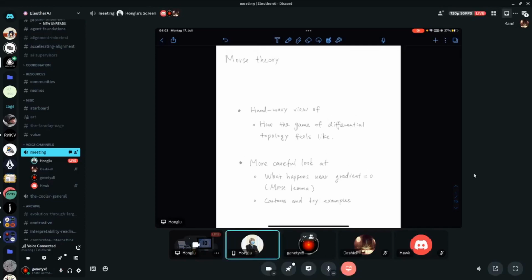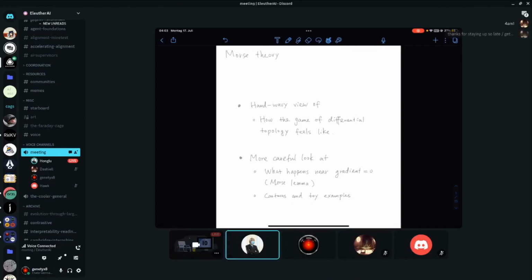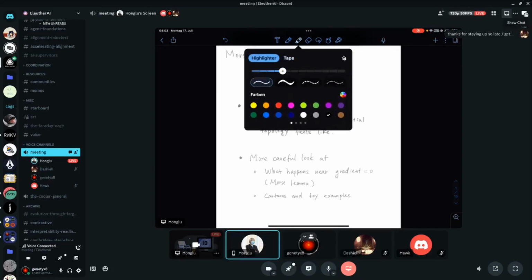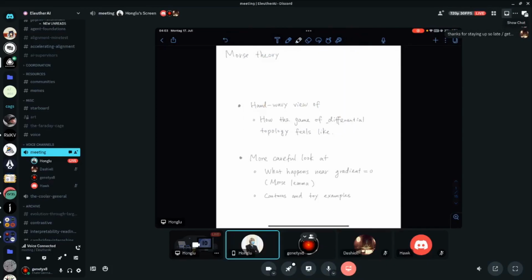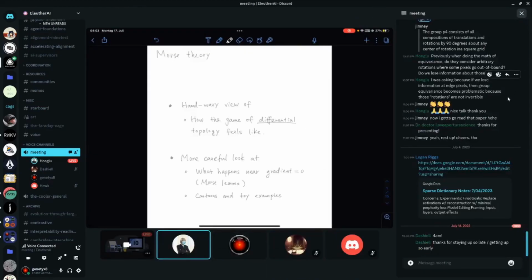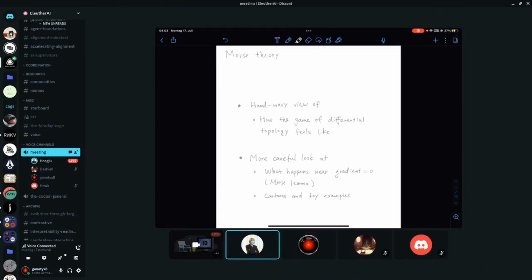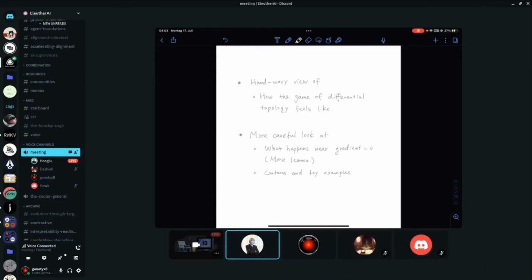So my goal is very simple: just to give you some hand-wavy introduction of how the game of differential topology, which is what the field is called, feels like. Hopefully we're going to go through a little bit of calculation about the Hessian, and when the gradient equals zero, that's a critical point, and what happens there, and the local structures.